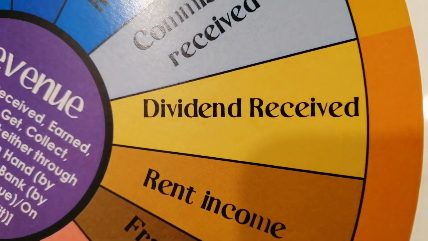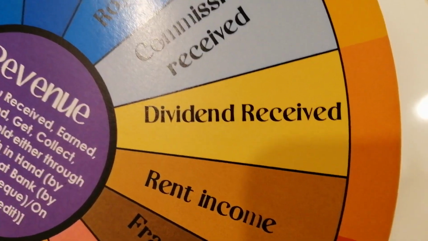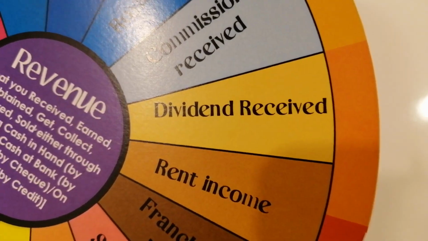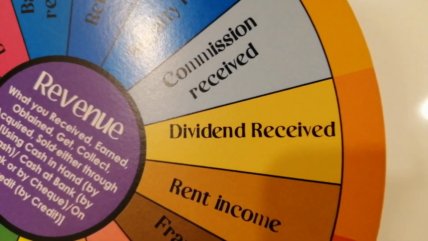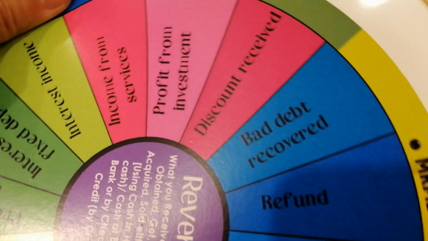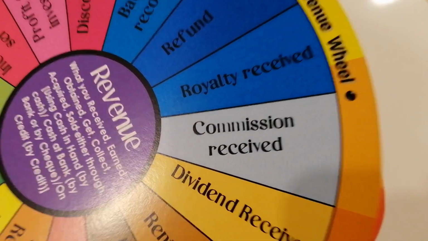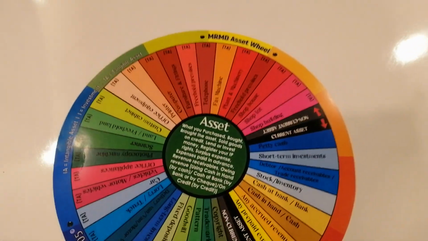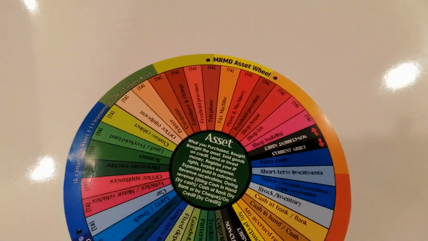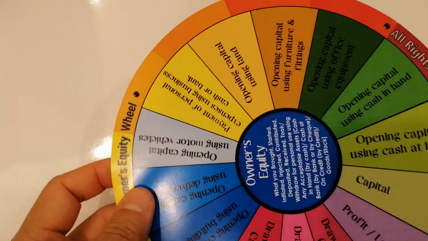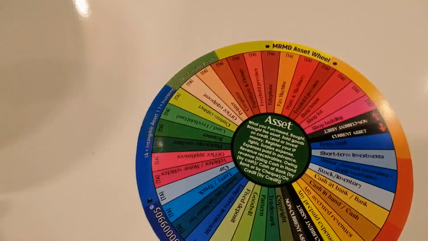If your business gets dividend from ASB, for example, we name it dividend received. So you cannot create your own name for the item. In accounting we already have the item names, you see? So you cannot find commission received under asset. Even you cannot find, in this asset item list, for example, copyright under owner's equity. No. That's why this tool will guide you to classify.